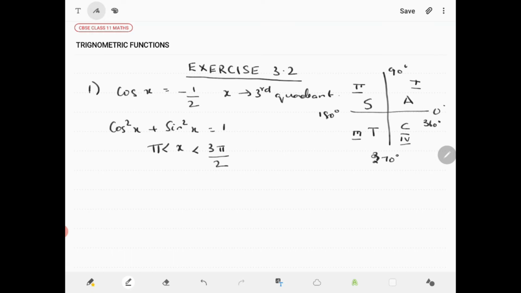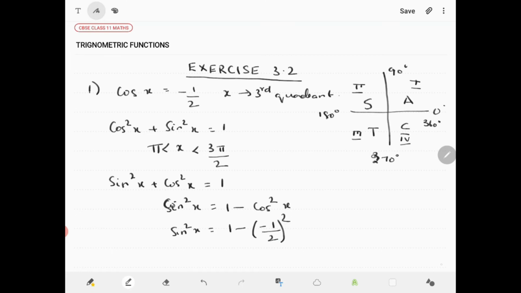So here we have sin square x plus cos square x equal to 1, which means sin square x is equal to 1 minus cos square x. Sin square x is equal to 1 minus the value given in the question, cos x is minus 1 by 2.